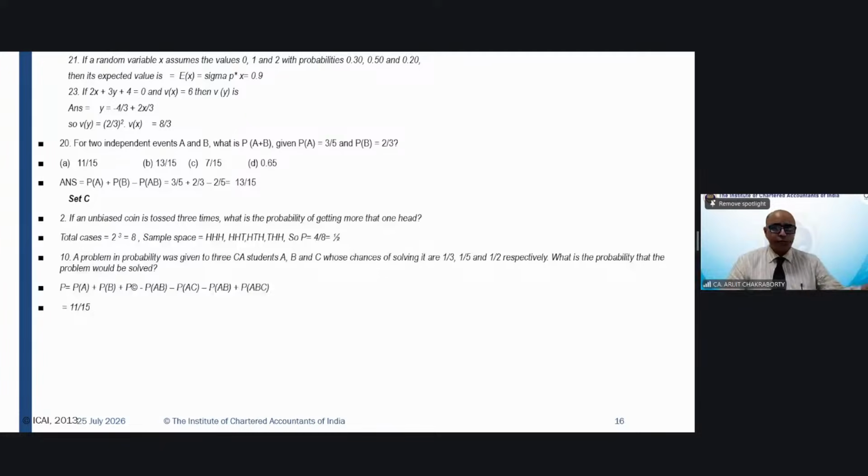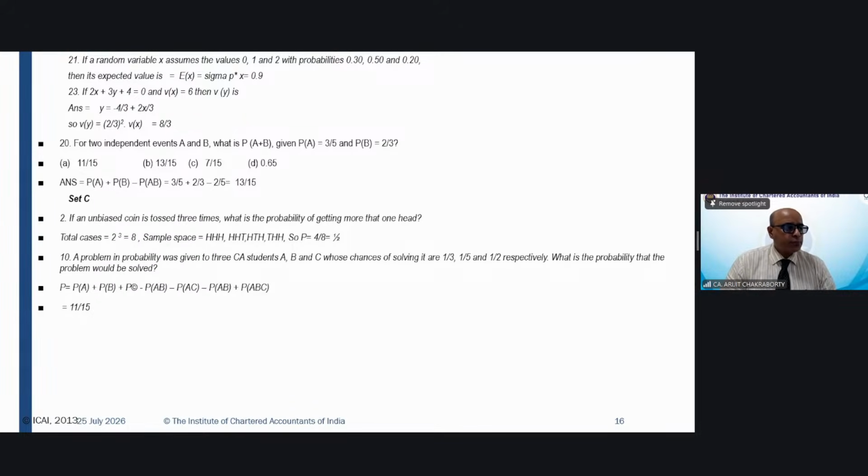The sample space I have shown here, either you get 3 heads, or you get head, head and tail, or it could be head, tail and head, or it may be tail, head and head. What is the probability of getting more than one head? So for more than one head, this is the sample. So out of 8 possibilities, the favorable events, we are having 4. So the probability comes to 4 by 8.